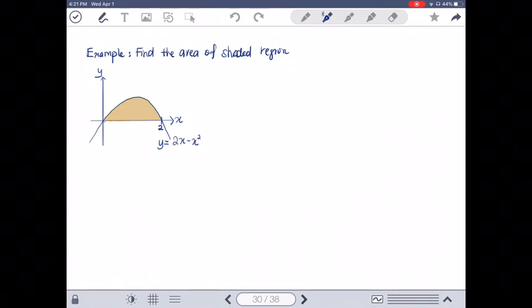Okay, let's have a look at how to apply this concept in a question. Suppose that we want to find the area of the shaded region here.